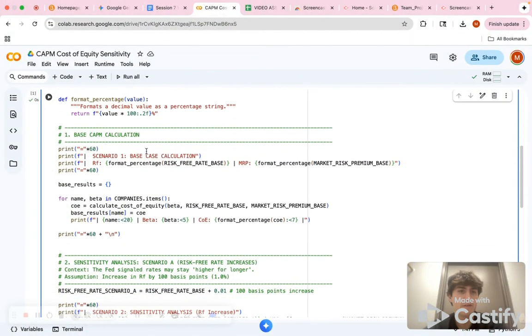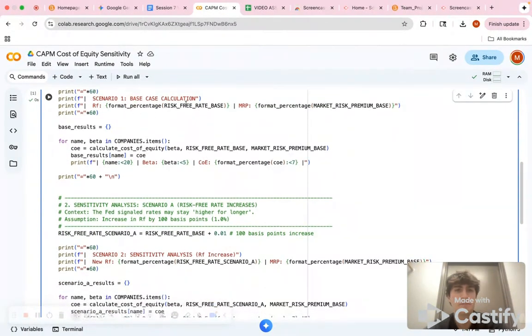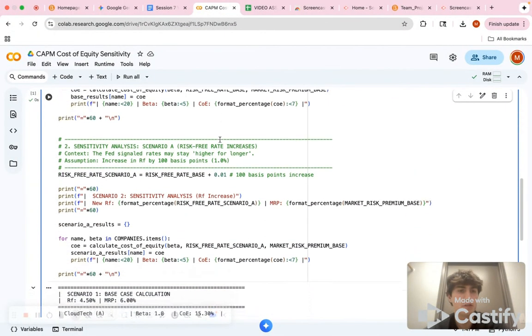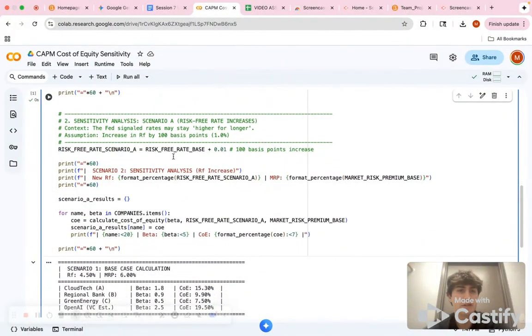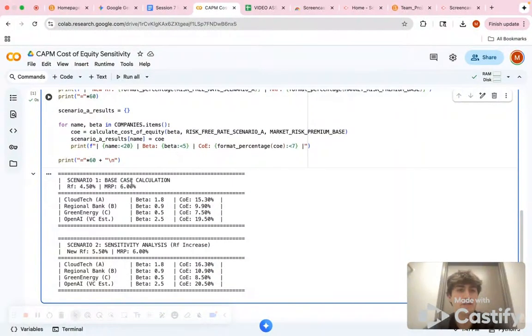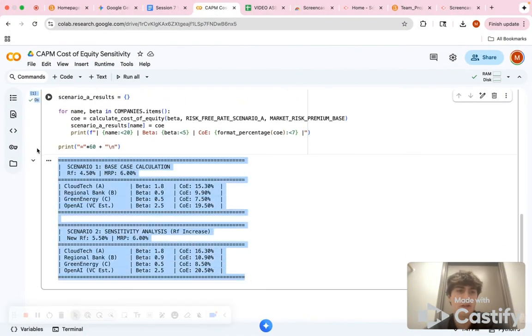And then we have just the basic calculations. And then we get down here, and we can now see the required return on investment.